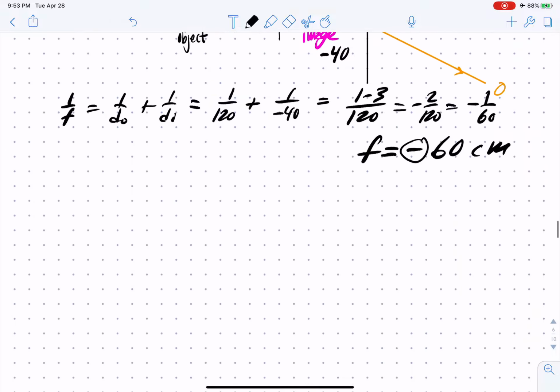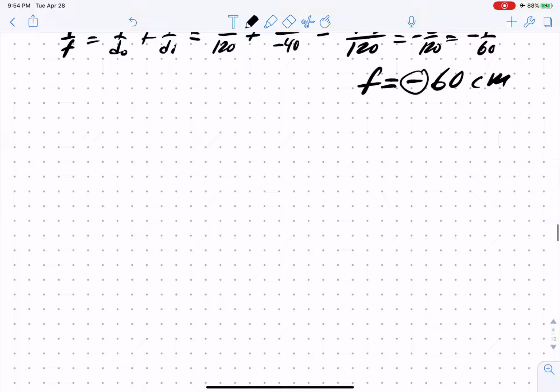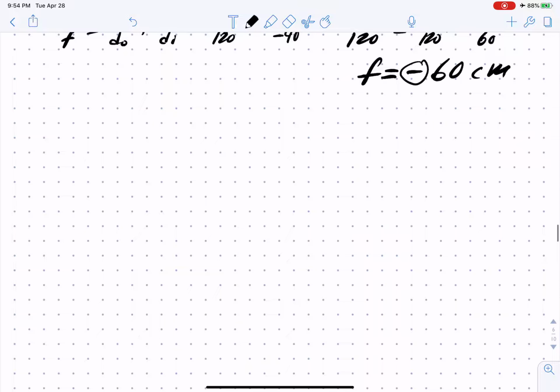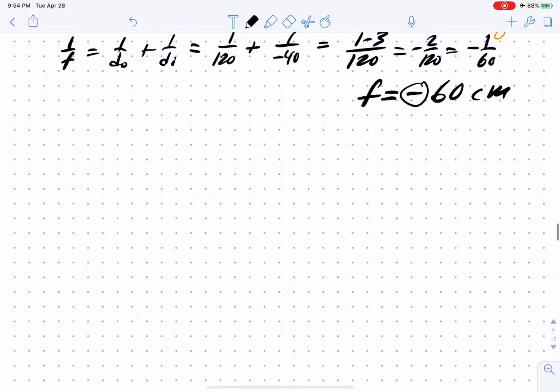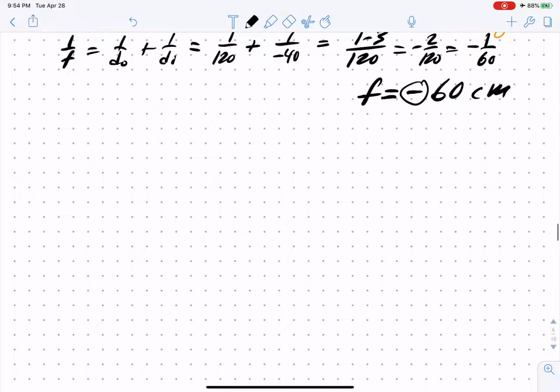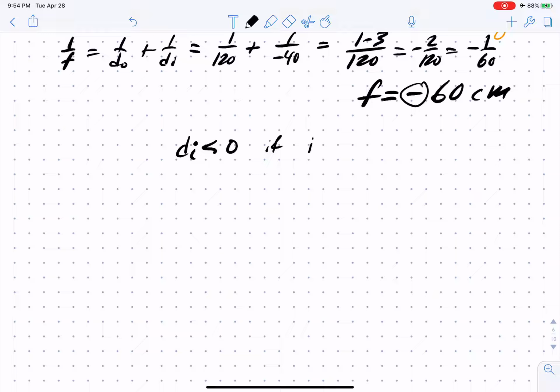So let's remind ourselves of the sign conventions that make the magnification equation and the thin lens equation work. Okay, so we can have negative values for things. The image distance is negative if the image is before the lens.